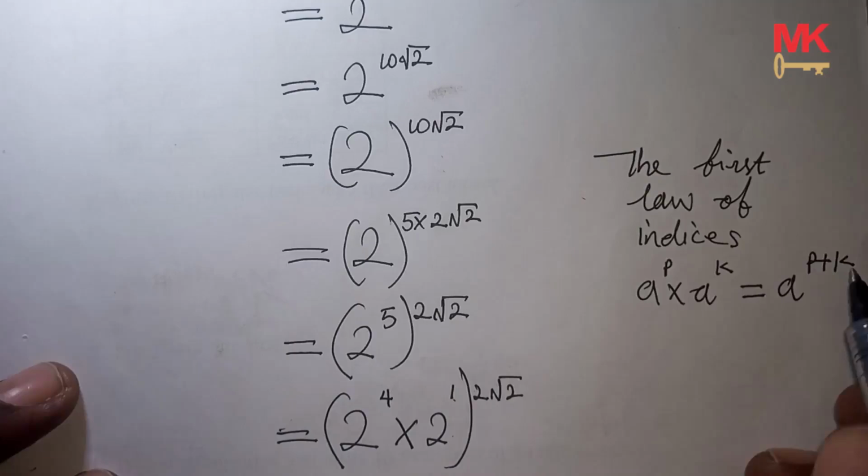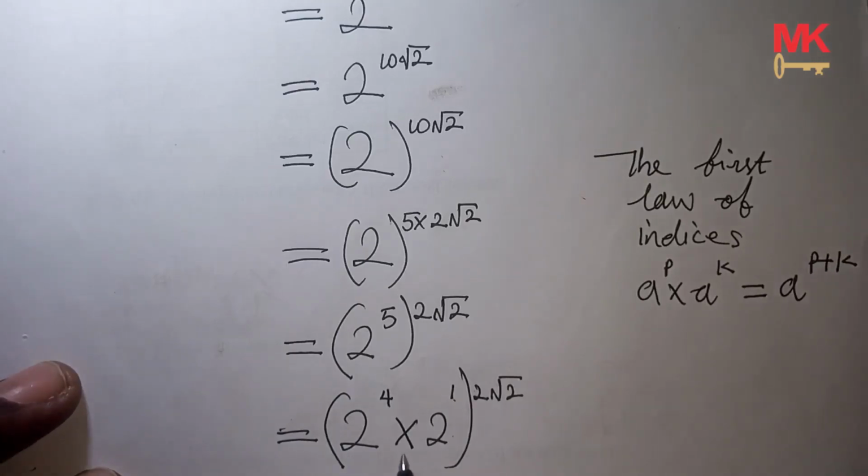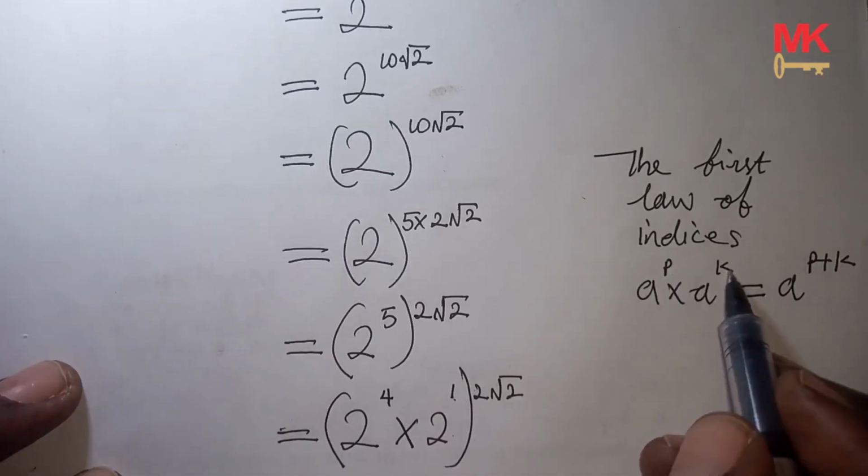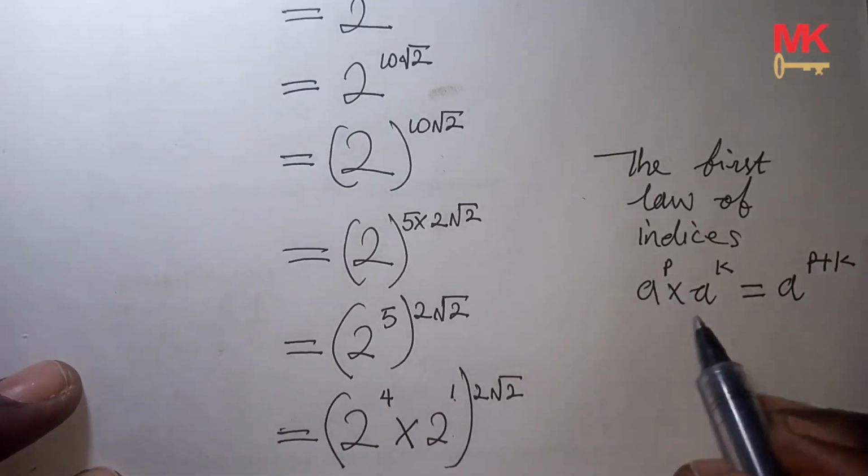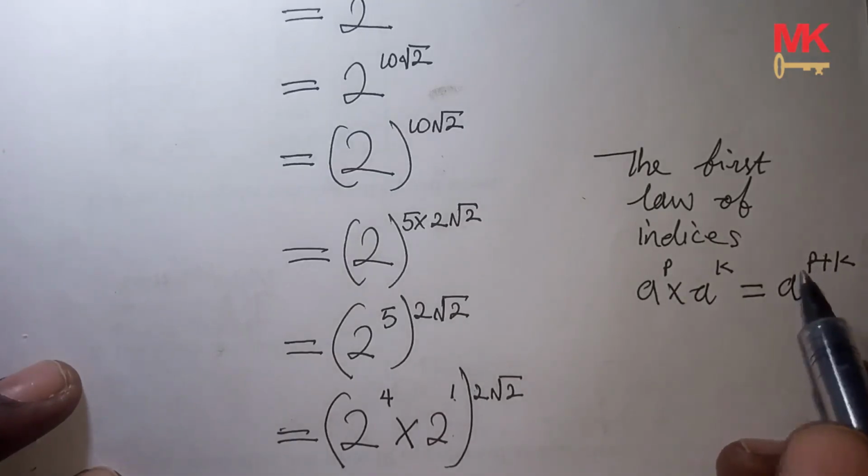What we only did is split this 5 into 4 plus 1, which gives us back the 5. We picked one of the bases and added the exponents together.